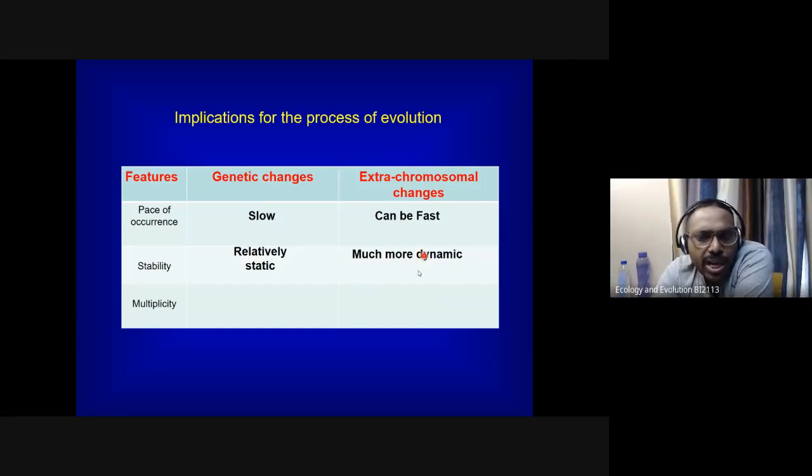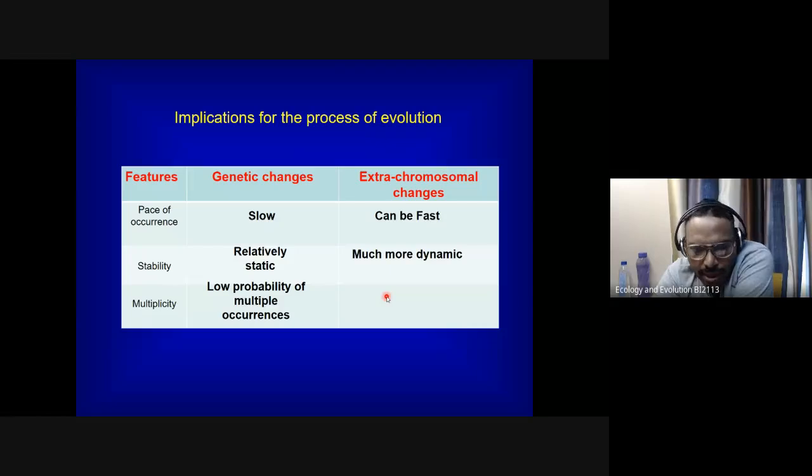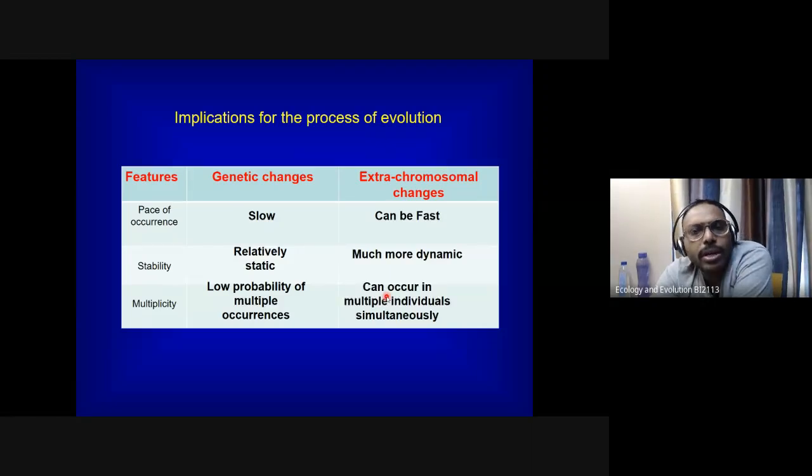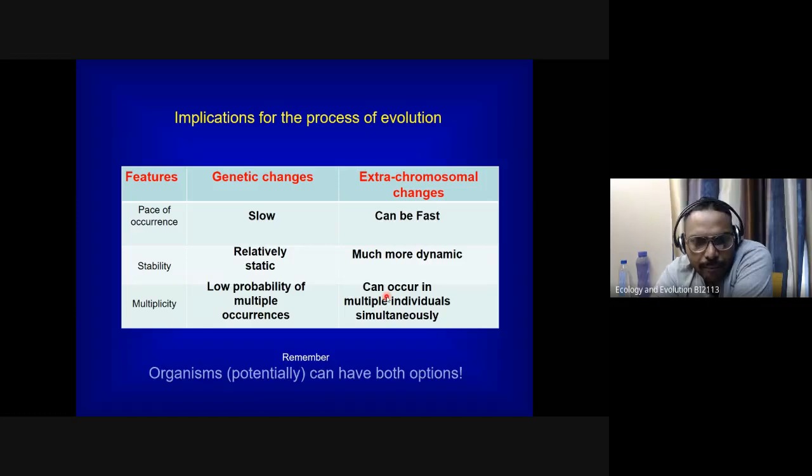There is a lot more variation here. There is less variation there, and because they are rare, the probability of multiple occurrences happening in multiple organisms simultaneously is much lower, whereas the probability of epigenetic changes affecting multiple individuals simultaneously is much higher.